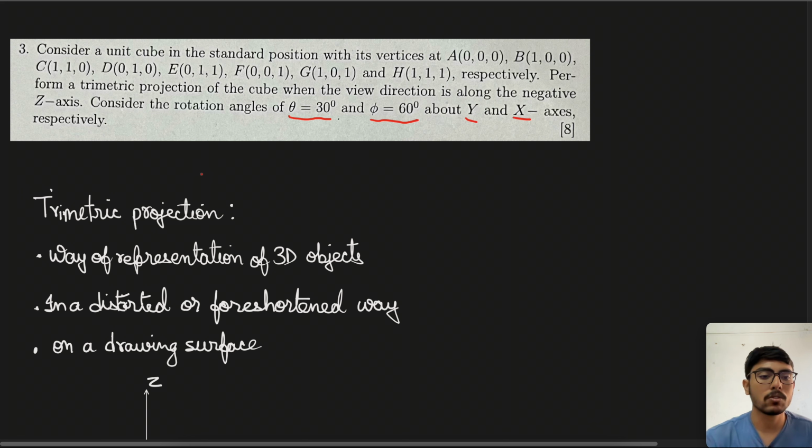Okay, so first we will understand what trimetric projection is. It's a way of representing 3D objects, like in a distorted way, or let's say how the object will behave when we move the viewing position far away or closer to the object. But it will ultimately be represented on a plane drawing surface.